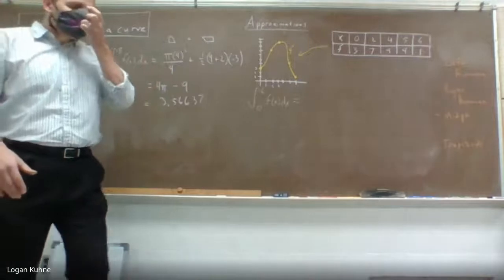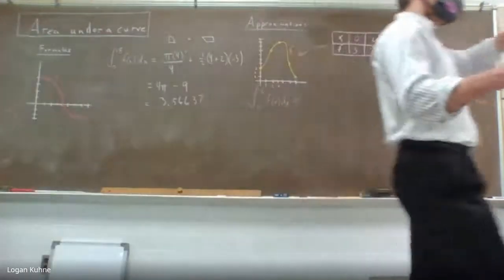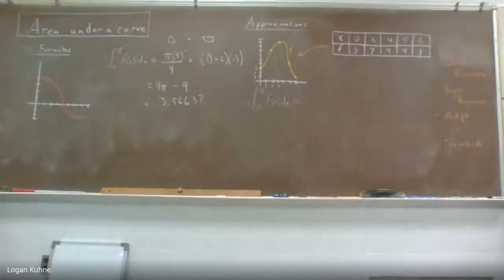So mathematicians sometimes like, okay, let's make the best possible fit. Maybe not the best possible fit. Instead, let's just take easy things that we know how to do. We're going to start with rectangles. We know how to find rectangles. That's easy, isn't it? Okay.